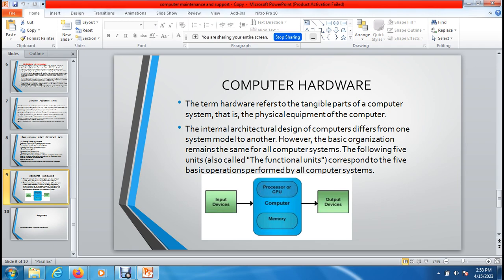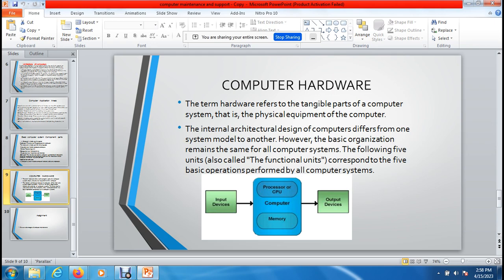Input devices, for example, we have the keyboard, mouse, the joystick, etc. Then you have the output devices, whereby you can see the information, like the monitor, where you can view the information keyed in using the input devices. Then you have the memory, whereby the data or information can be saved.